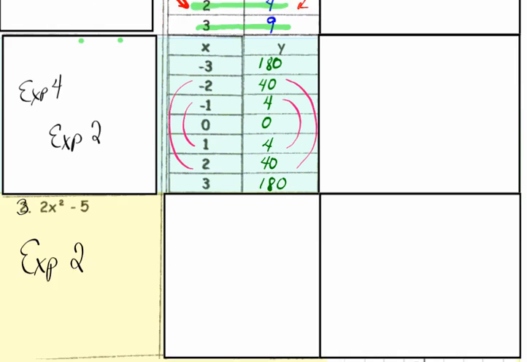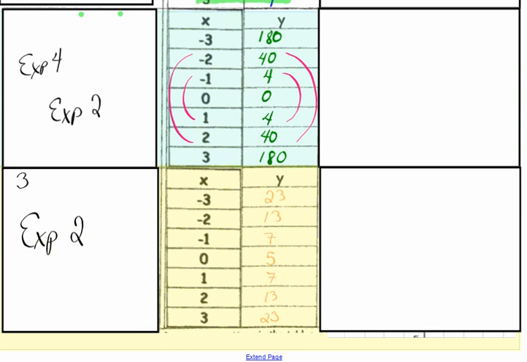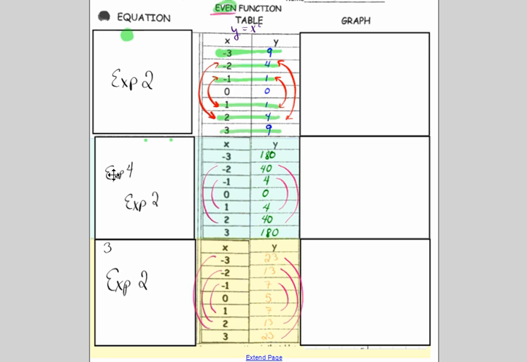So let's look at our third one and see if that happens here also. Yeah, look, opposite values of x, same values of y. Oh, I have a pattern. So I definitely have the same thing happening for all 3 of these particular functions.